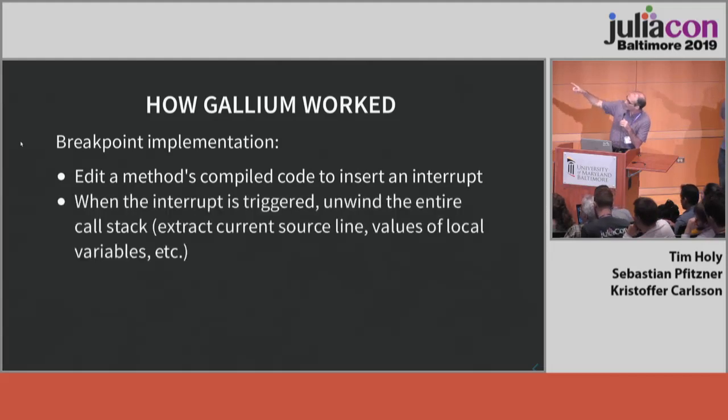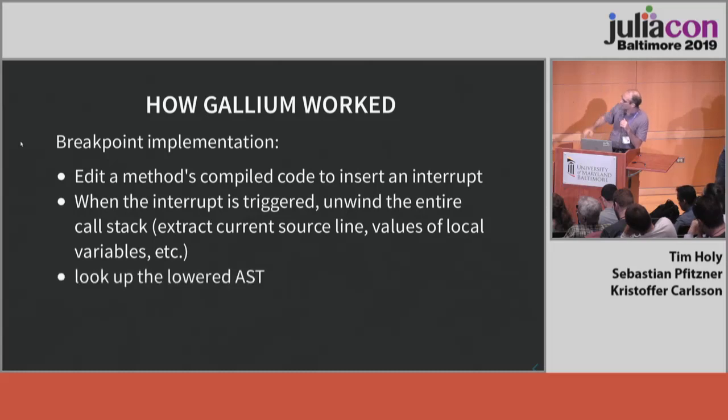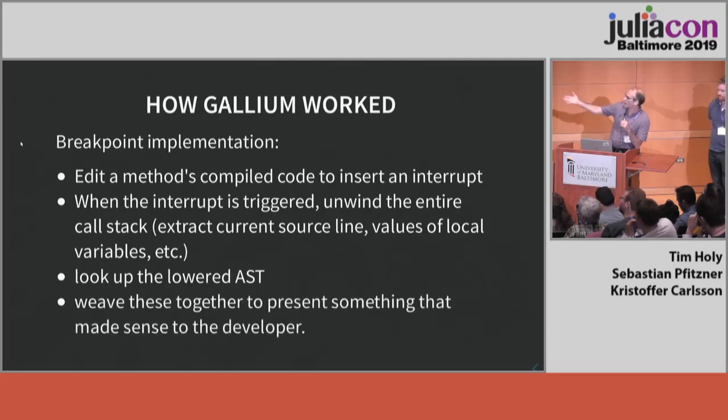Then Gallium would have to figure out, in this bit-level data, what every local variable's value was and what line number you were in, and then combine that with looking up all of the actual source code that had been supplied, and weave all that together in a way that made sense to the actual programmer, okay?